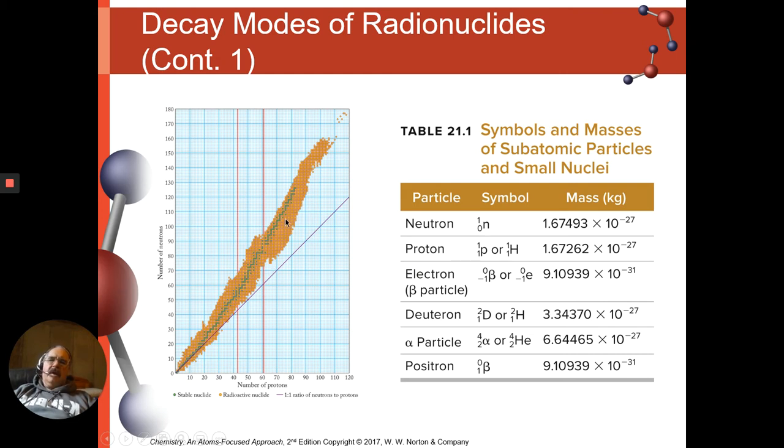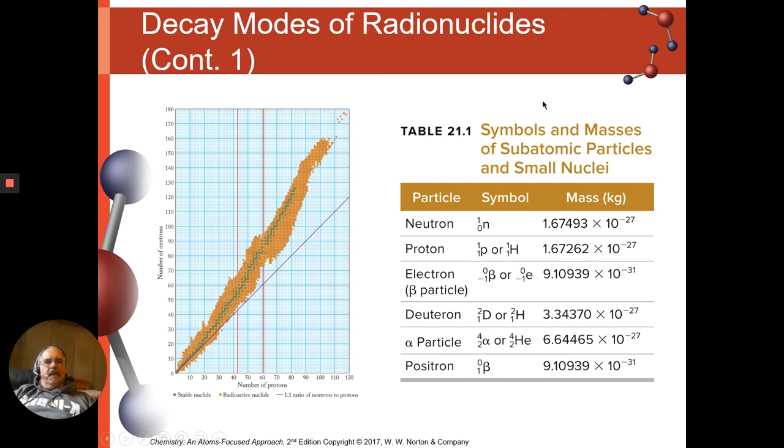But then for heavy elements, the ratio is about 1.5 to 1. The heaviest stable isotope has atomic number 82. It's lead, and it's lead-209. Anything beyond that is not stable. So these dark colored spots here represent stable isotopes.